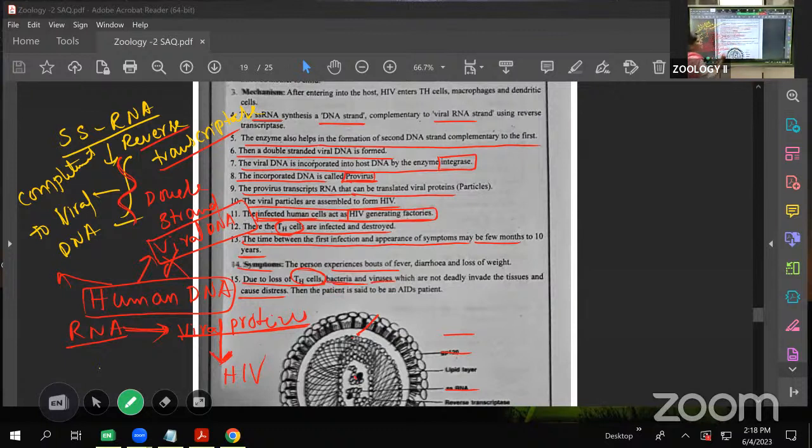That's why all types of diseases can occur, and the patient is said to be an AIDS patient. That's why it is called AIDS.